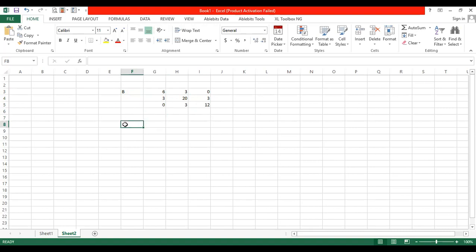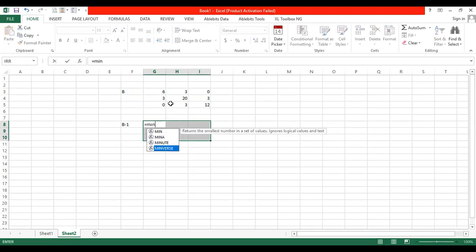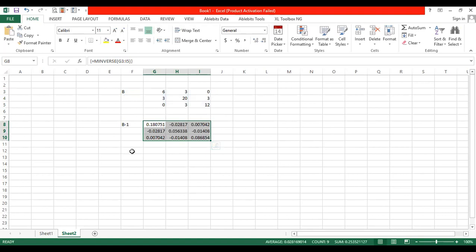So B inverse is the matrix inverse of this part, Control Shift Enter. This is the B inverse, right?